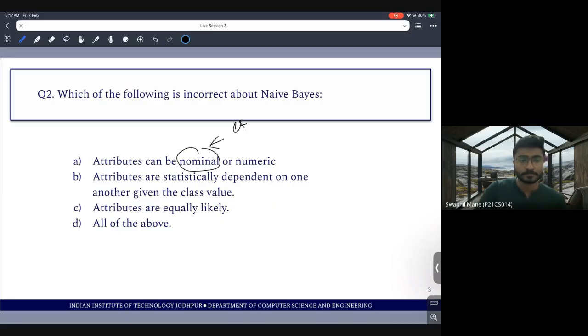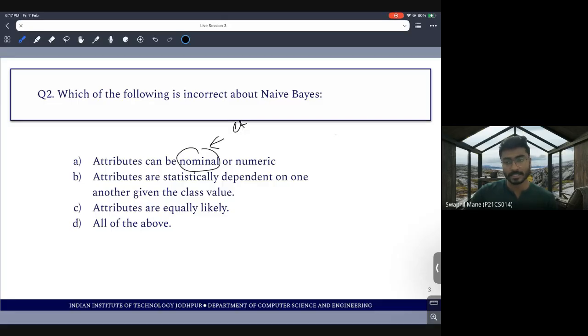So here the question states which of the following is incorrect about the naive Bayes classifier. The first option states that attributes can be nominal or numeric, right? So what do attributes mean?